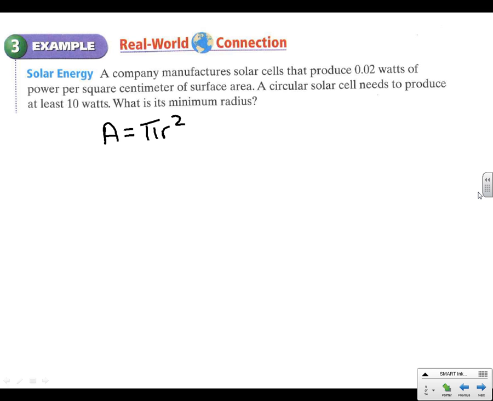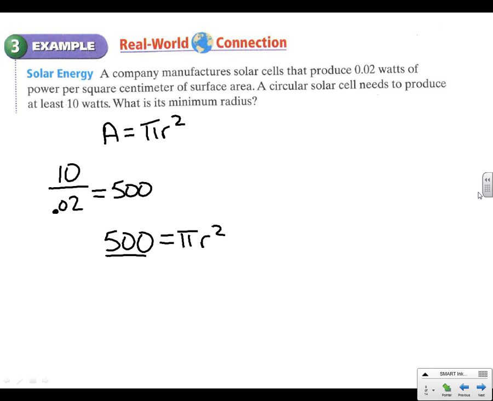And so we need 10 divided by 0.02. 10 divided by 2 is 5. 10 divided by 0.2 is 50. 10 divided by 0.02 is 500. All right, so we know we need at least 500 square centimeters here.